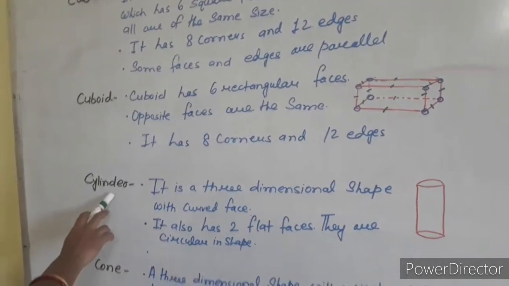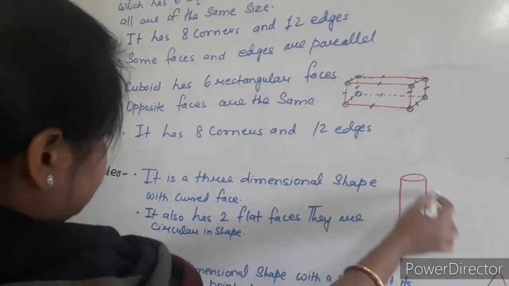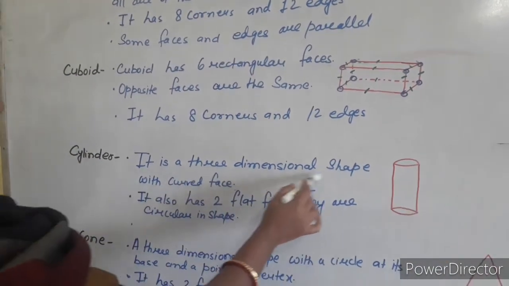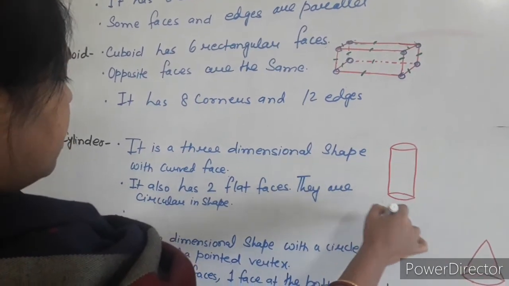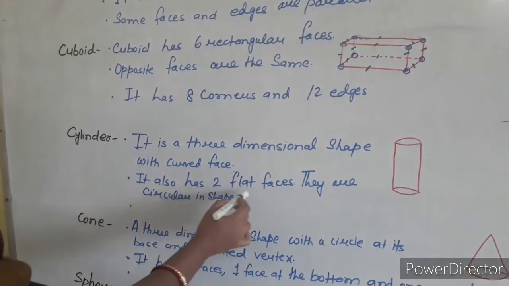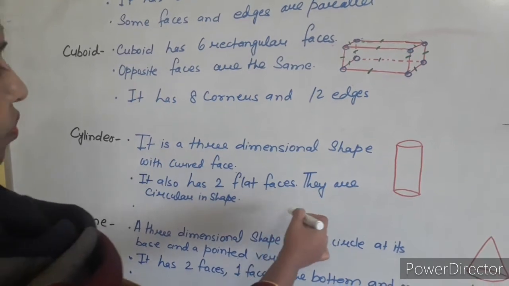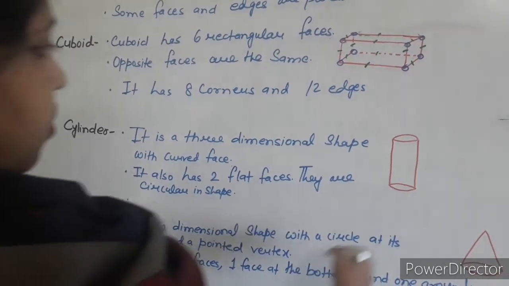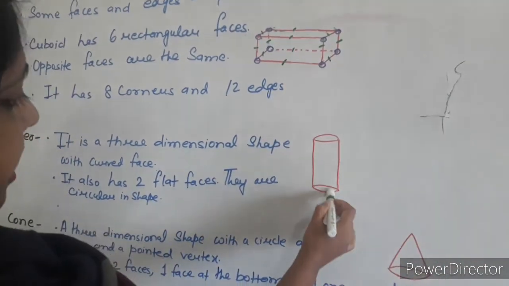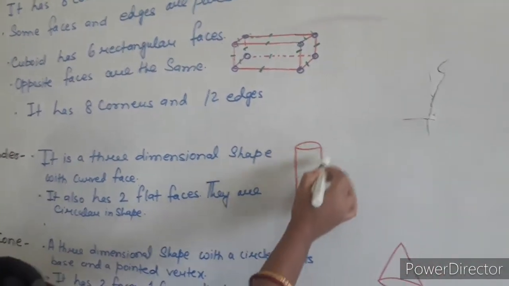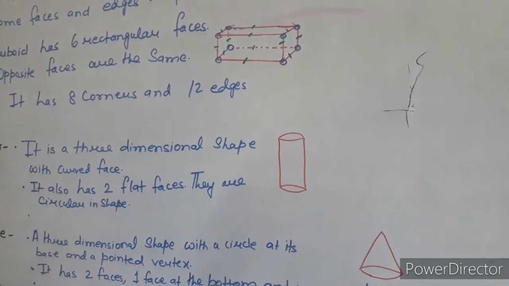Okay, then the next one is the cylinder. This is the cylinder. It is a 3-dimensional shape with a curved face. It also has 2 flat faces, and they are circular in shape. This one, 1 and 2. These are 2 flat faces and they are circular in shape.